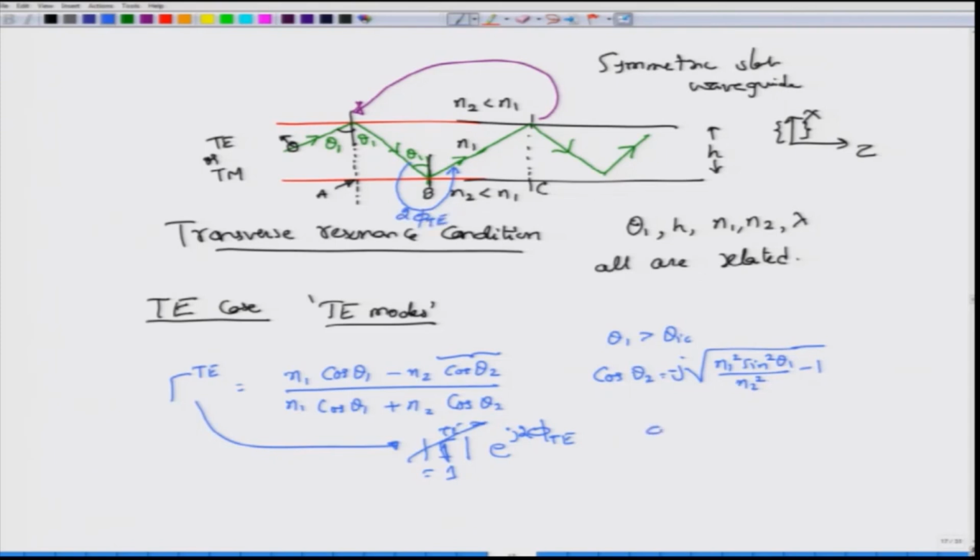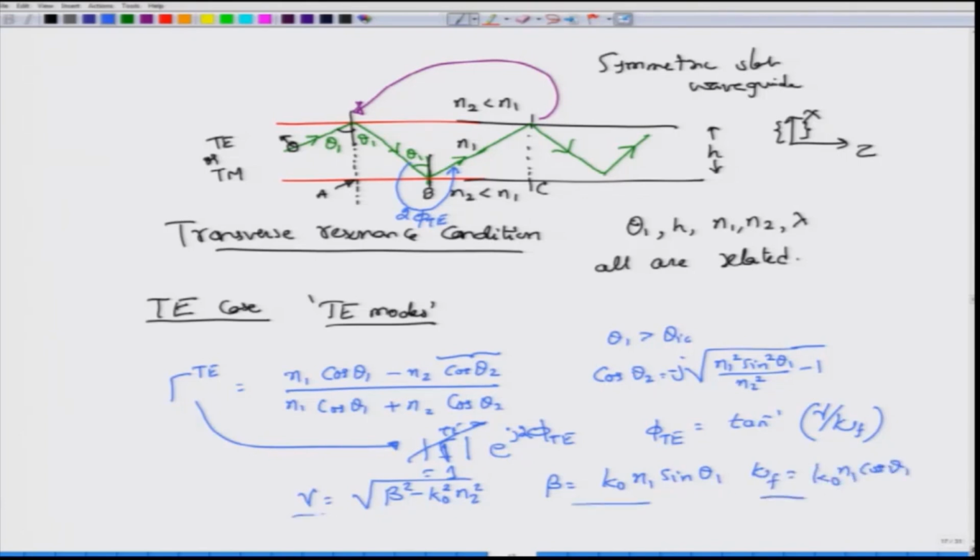I had given this as an exercise for you to find out what phi TE is, and in fact this phi TE is given by tan inverse of gamma divided by kappa f, where gamma is equal to square root of beta square minus k0 square n2 square, beta itself is equal to k0 n1 sin theta 1 and kappa f is equal to k0 n1 cos theta 1. So, where are these beta, kappa and gamma coming from?